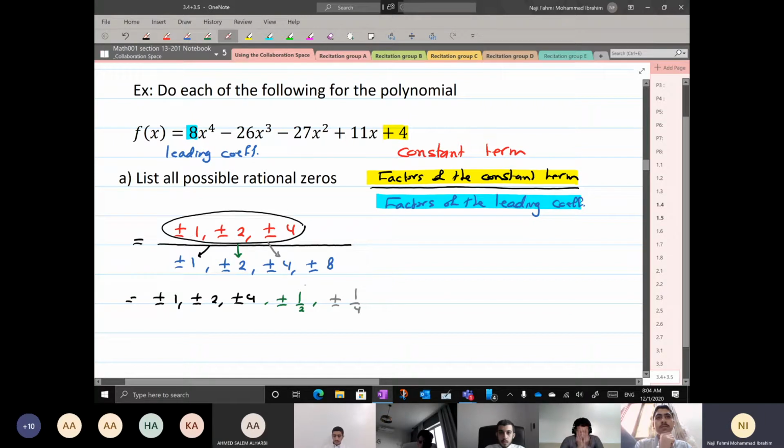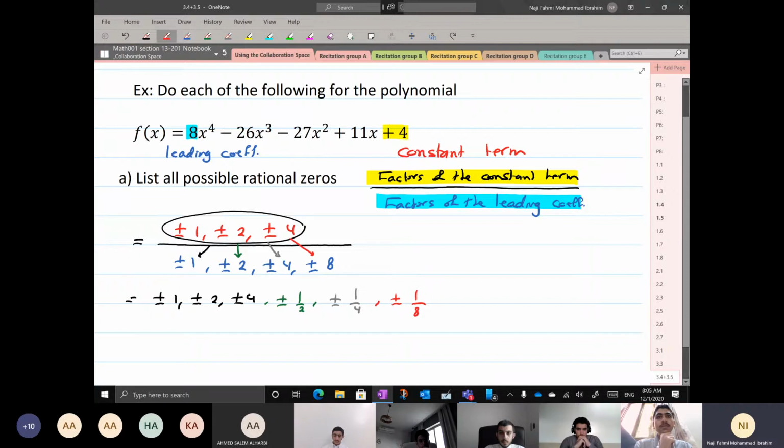Then 2 divided by 4 is half, it's written. 4 divided by 4 is 1, it's already also written. What if I divide all by 8? 1 over 8. Then 2 over 8, which is 1 over 4, it's written, right? Yes. Then 4 over 8, which is half, it's also written. So these are all the possible divisions.